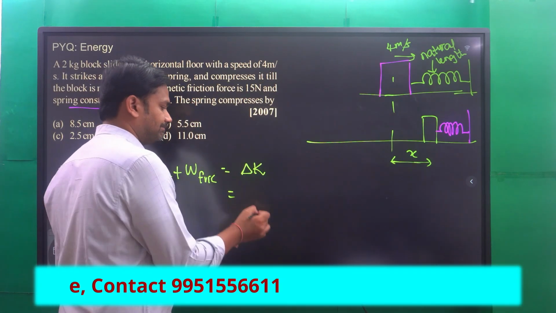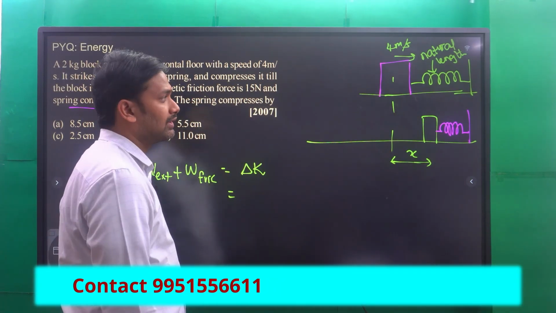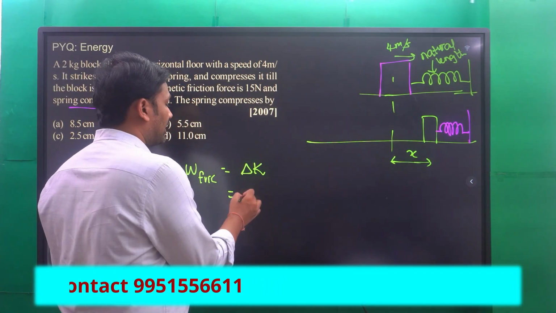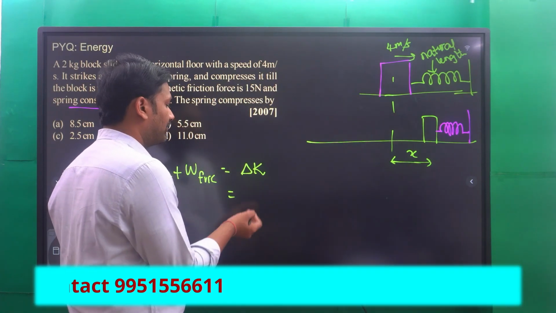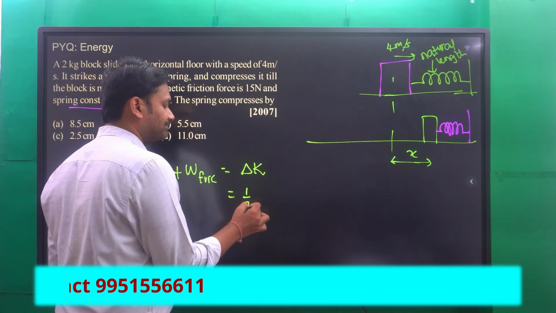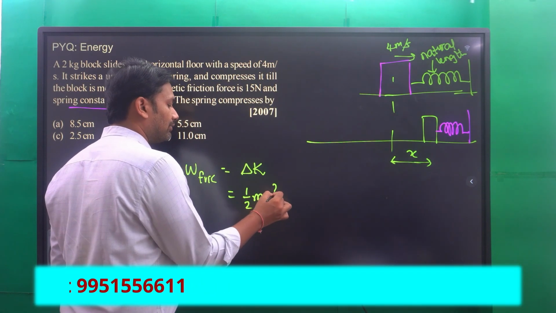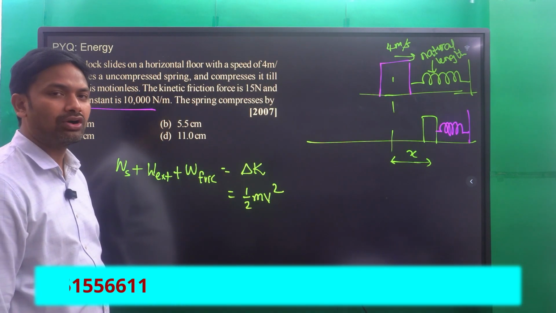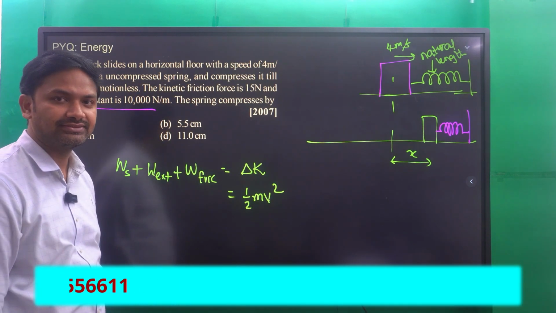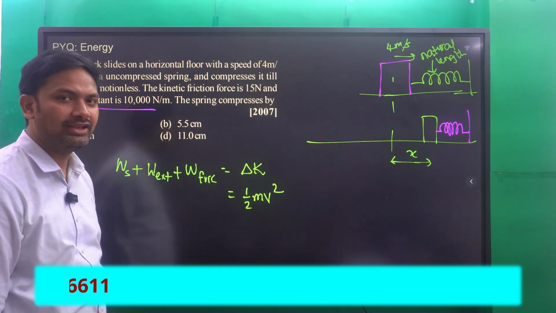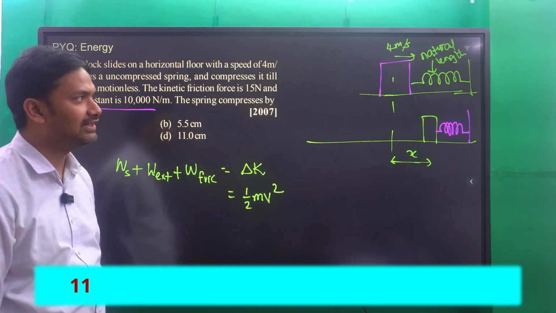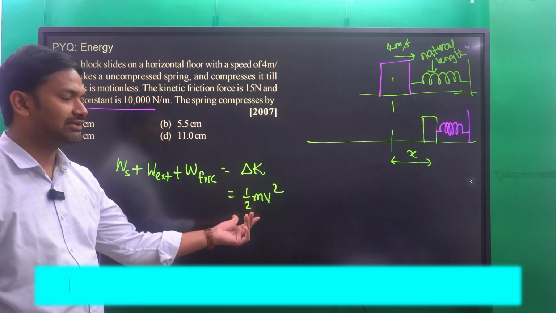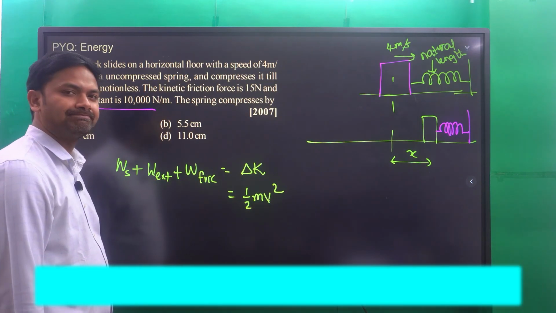Here, kinetic energy we can take as half mv square. The block will be at rest finally. So kinetic energy will be half mv square.